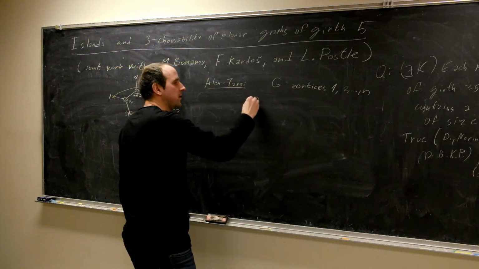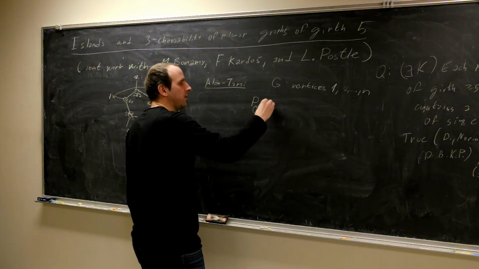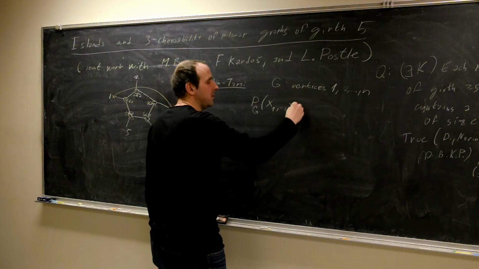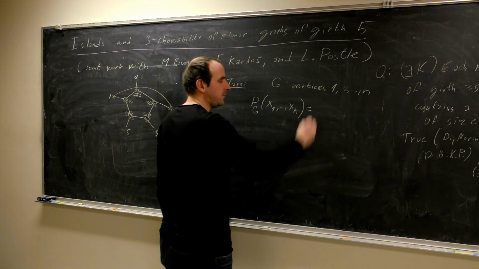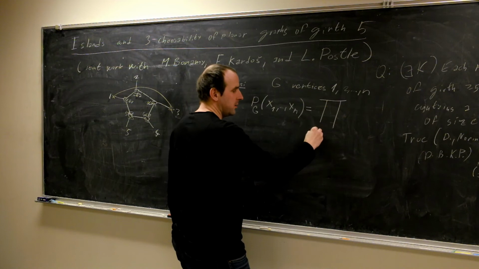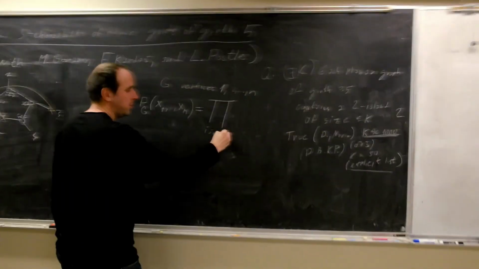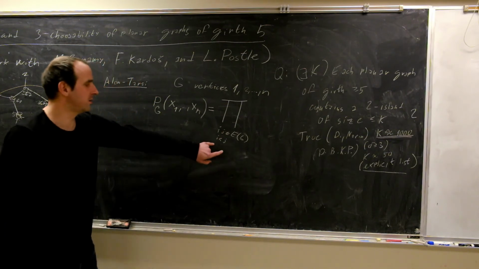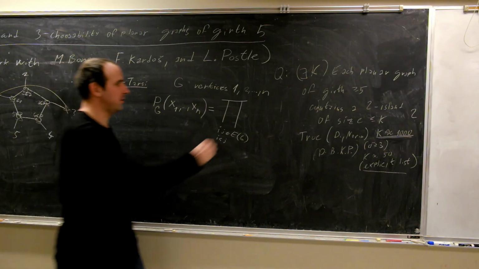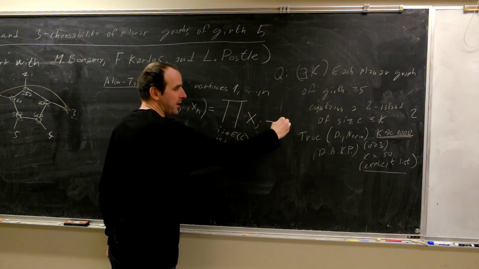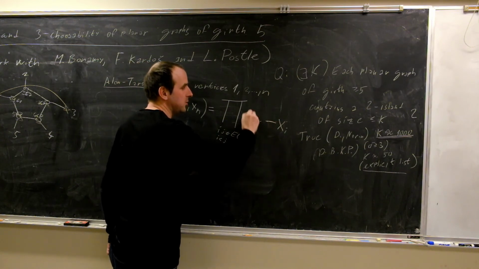Then we can define the graph polynomial of G as a polynomial in variables x1 up to xn, defined as the product over the edges of my graph, where we take the edges with i less than j, of the difference of the variables corresponding to these vertices.